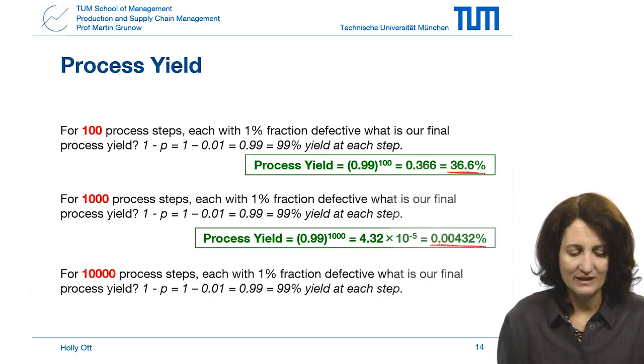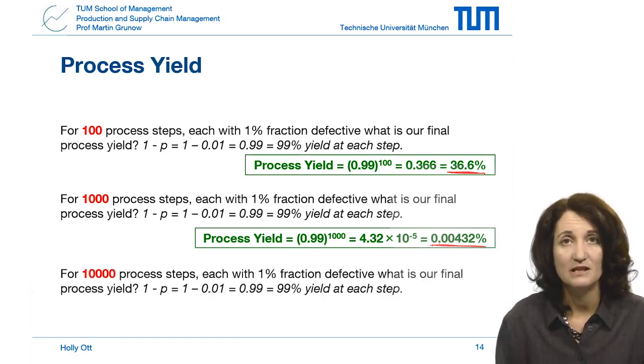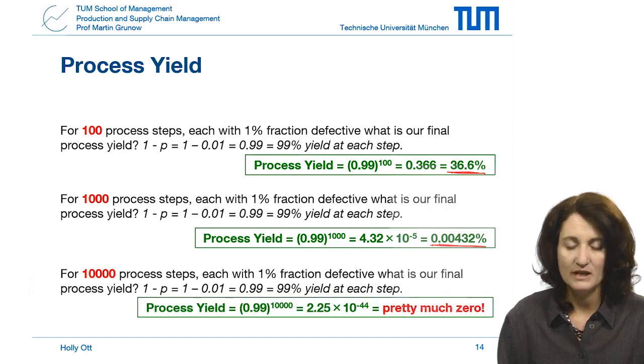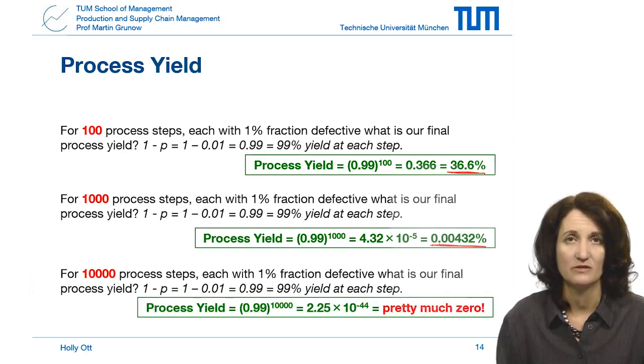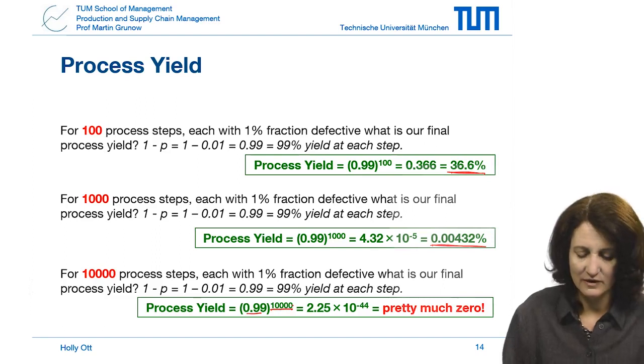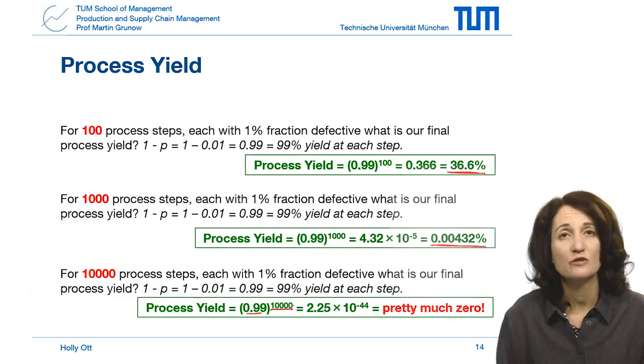And what if we have 10,000 process steps, each with 1% fraction defective, at 99% yield? Pretty much zero end process yield. By the time you take 0.99 to the power of 10,000, you don't have any good parts out.